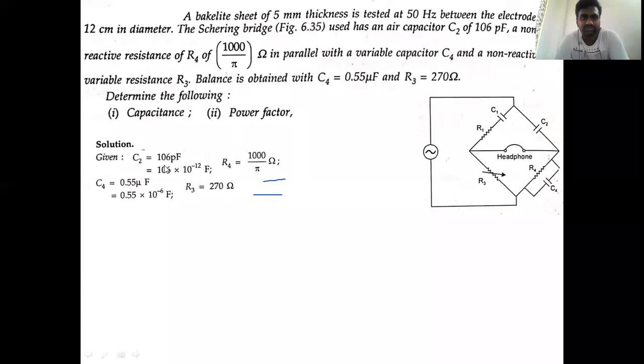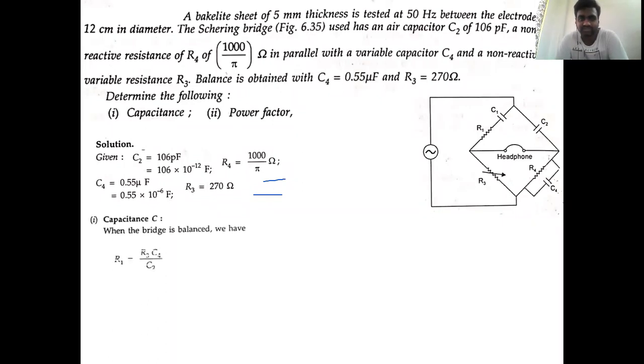C2 is 106 picofarad, converted into farads, that is 106 into 10 to the power of minus 12. R4 is equal to 1000 divided by pi ohms, and C4 is 0.55 microfarad, that is 0.55 into 10 to the power of minus 6, and R3 is 270 ohms. We substitute the values to determine the capacitance. The bridge is balanced.